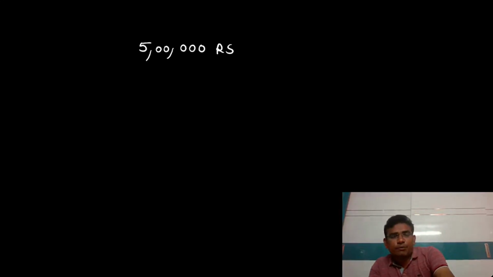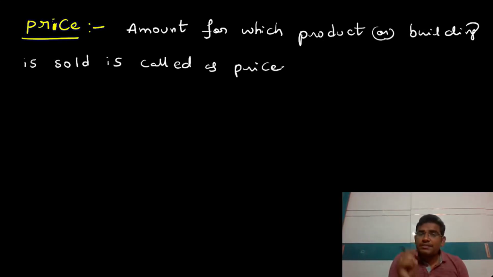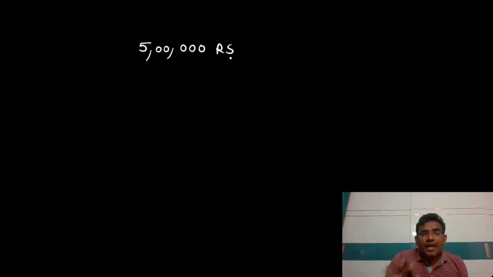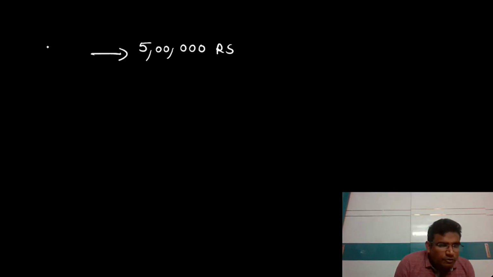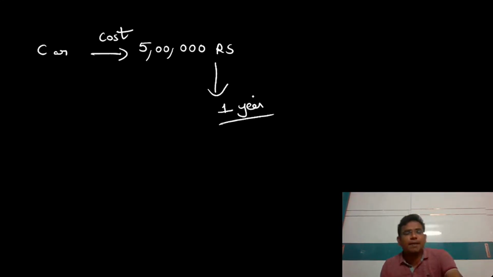I am discussing about the price, and I am saying price is the amount for which the product or building is sold. Then I am saying that I manufactured a car for the cost of 5 lakhs. And this manufacturing process took 1 year, let us say.